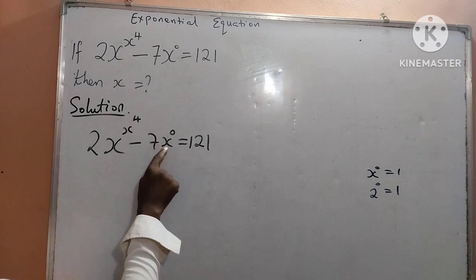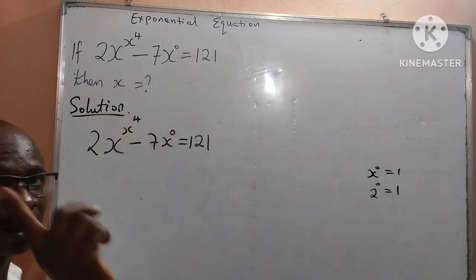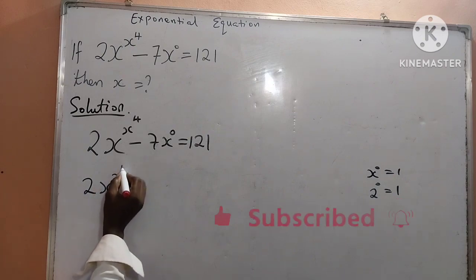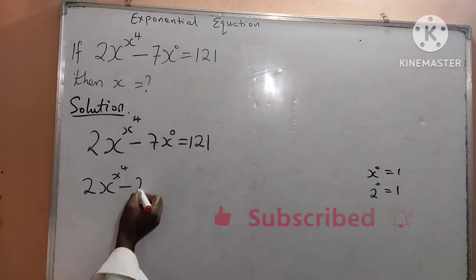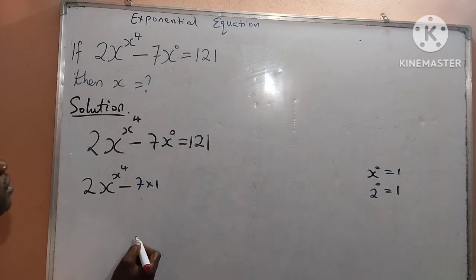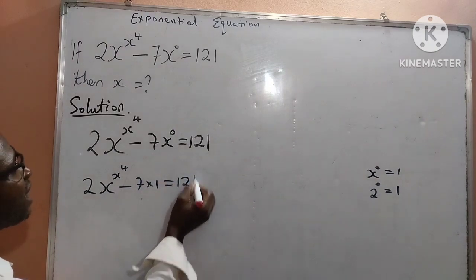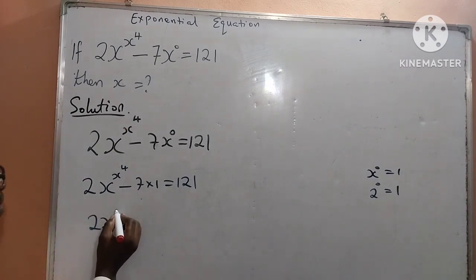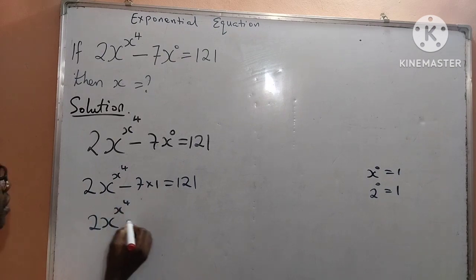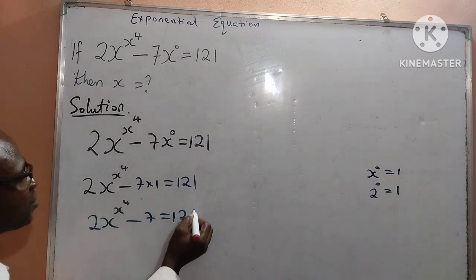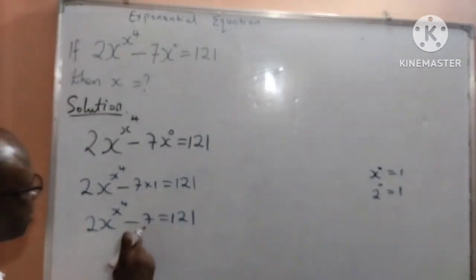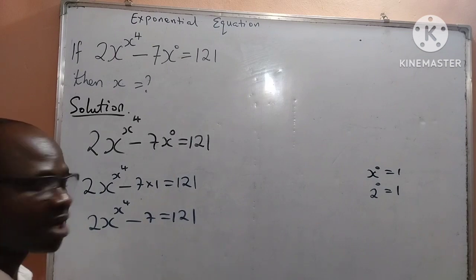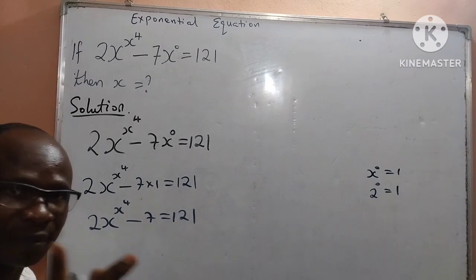Therefore, I will now have x raised to power 0 as 1. This will now give me 2x raised to power x raised to power 4, minus 7 multiplied by 1, is equal to 121. This will now give me 2x raised to power x raised to power 4, minus 7, equal to 121. What I will do next, I will move minus 7 from the left-hand side to the right-hand side, and when it crosses the equality sign, it becomes plus.